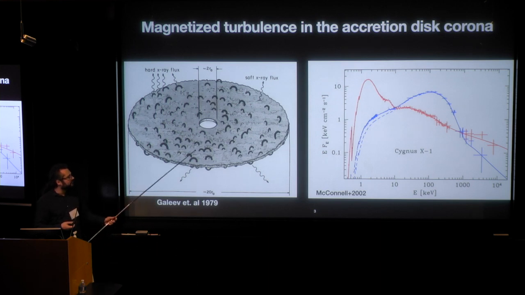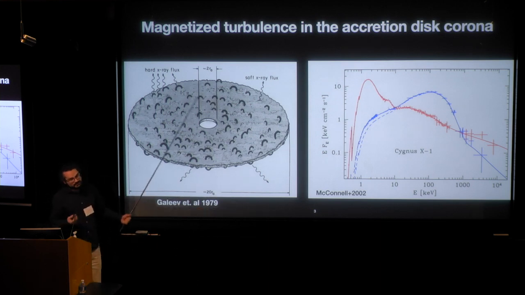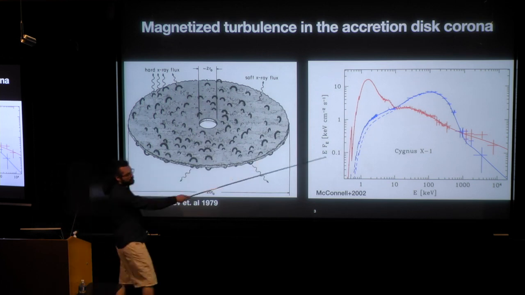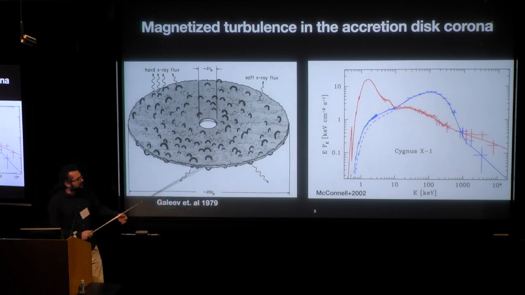And we are very interested in those processes because this will get us a better understanding of the physics of the accretion flow, because we only see spectra, but we don't know actually what's happening there.